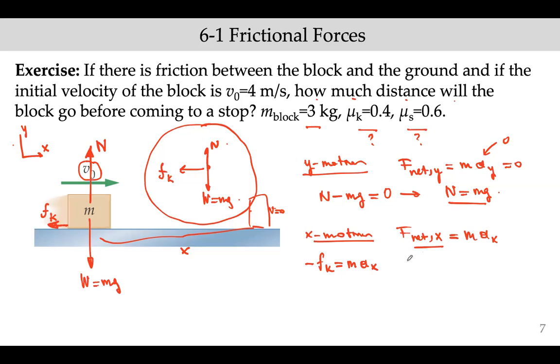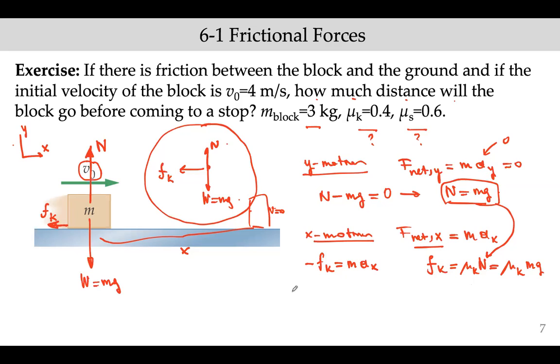Now, if you remember the definition from the previous slides, the friction force is mu k times the normal force. In this problem, we found the normal force to be just mg, so I'm going to plug it in here. So the friction force will be mu k m times g.